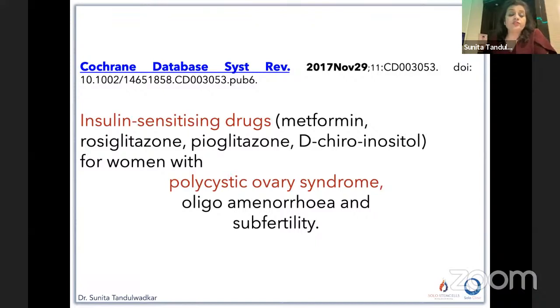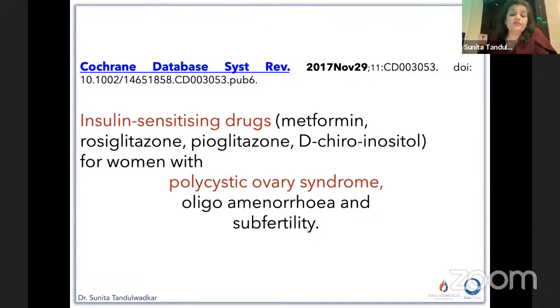About D-chiroinositol and all, one thing I want to tell you: there is still no evidence today that in a PCOS patient, by giving these drugs, you will improve the result. But if you heard my previous talk on the second Monday of last month, where I spoke hugely on all these drugs in a PCOS patient, there are many promising publications coming, which show very promising results with these drugs.